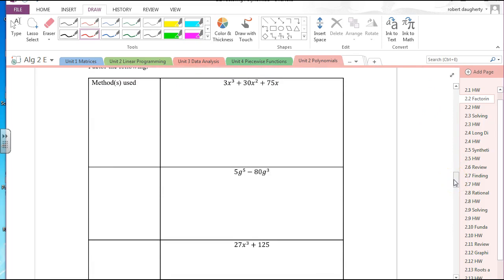Look at the next one, okay? Do they have anything in common? Yeah, they can factor out a 3x, so that leaves me with x squared plus 10x plus 25. So what's in the parentheses is a quadratic. I will look for two numbers that multiply to 25 and add to give me 10.